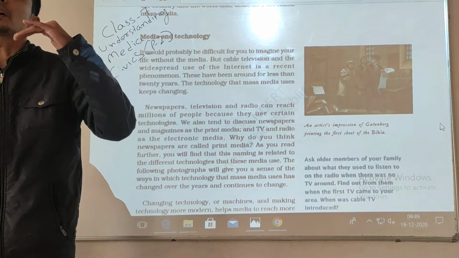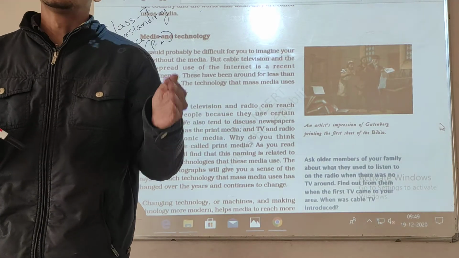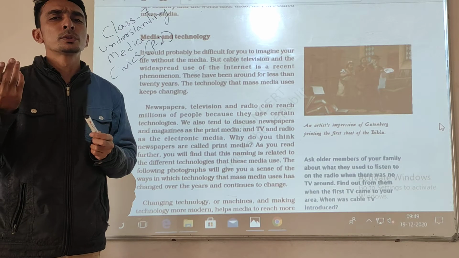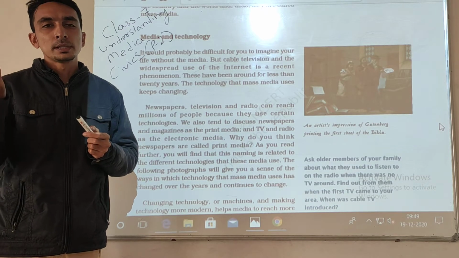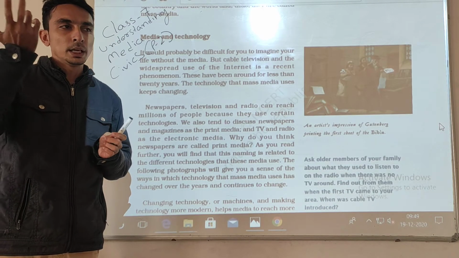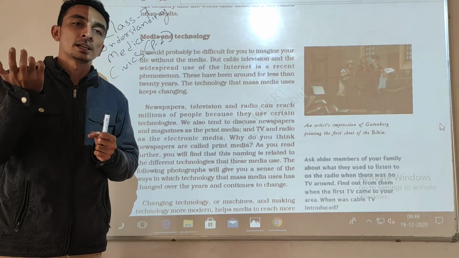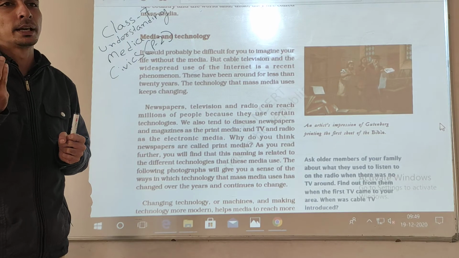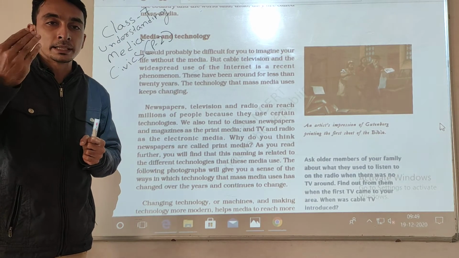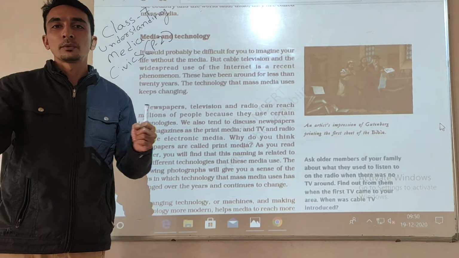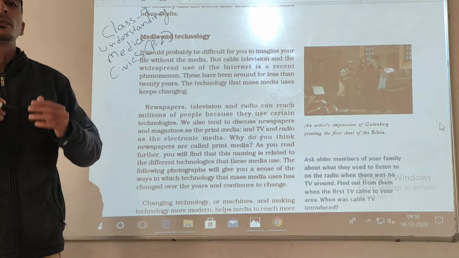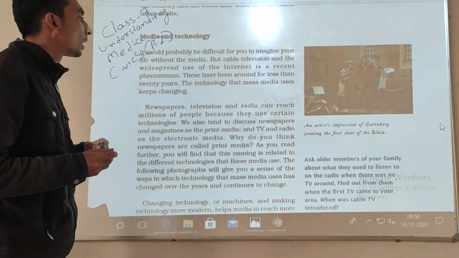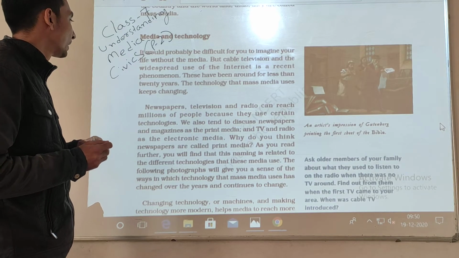After 2000, in the beginning of the 21st century, we started using internet. Firstly, internet was introduced as GPRS, General Packet Radio Service. Then H internet, then E internet, then 3G and 4G. Right now we have broadband connection, fiber optic cable. So these have been around for less than 20 years.